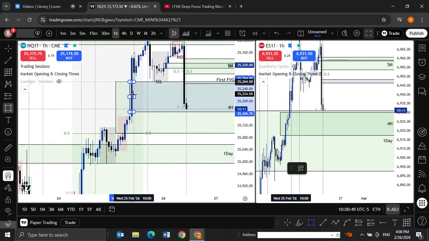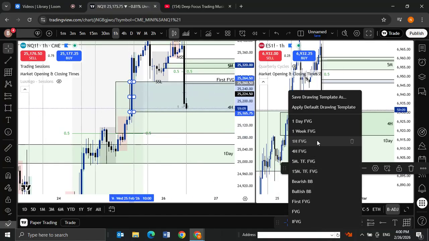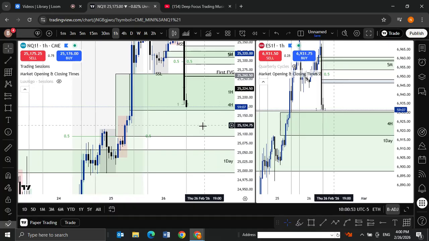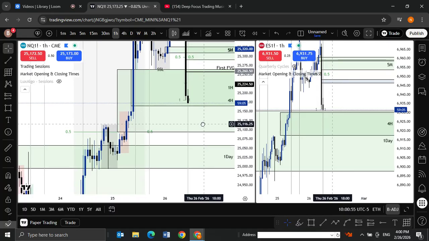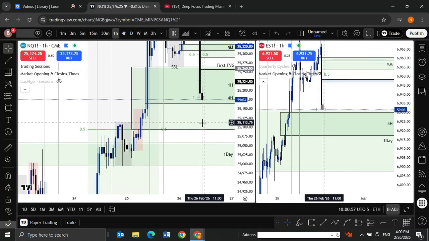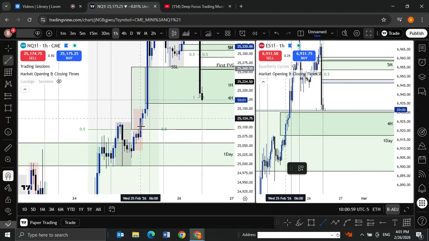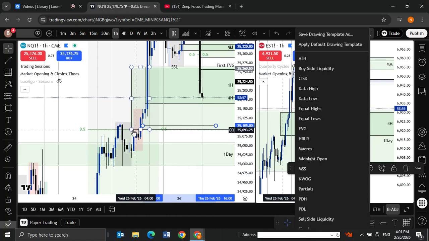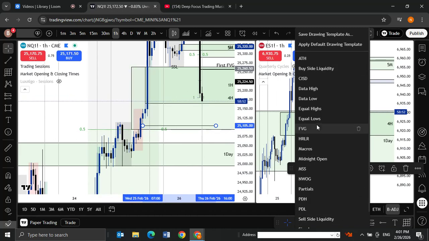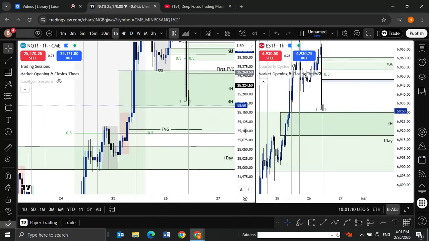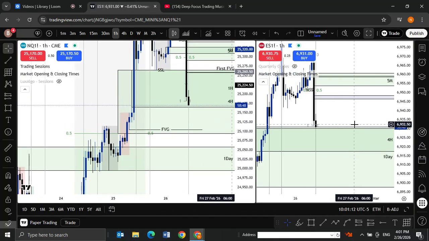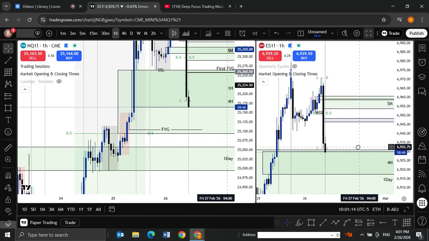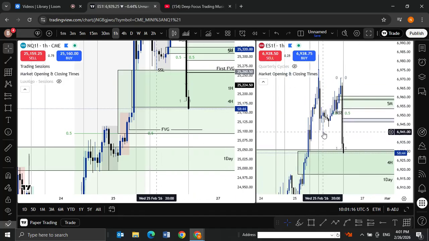So let's see. But maybe if we can avert this, then I could consider entering till this fair value gap, which is also nice in the discount. So I think I can mark this. Beautiful market structure shift, honestly.